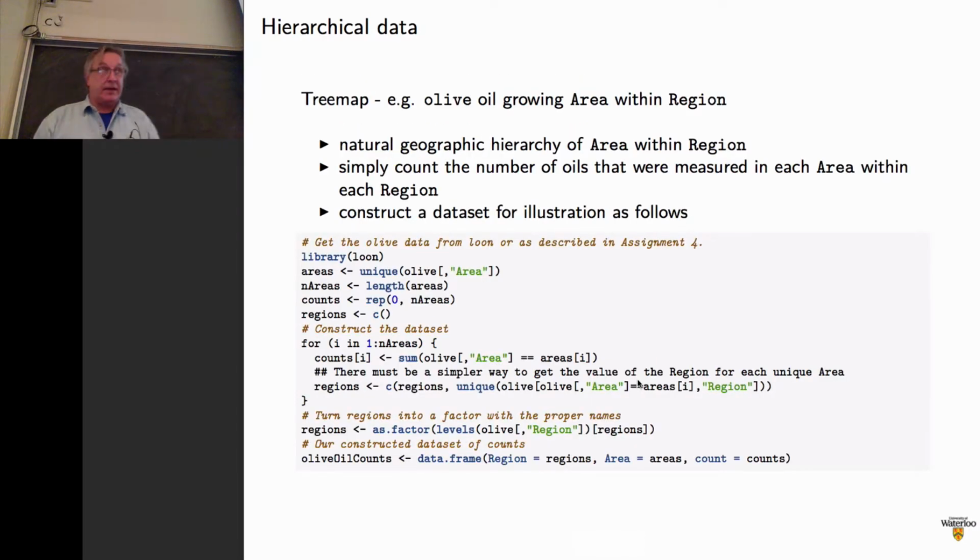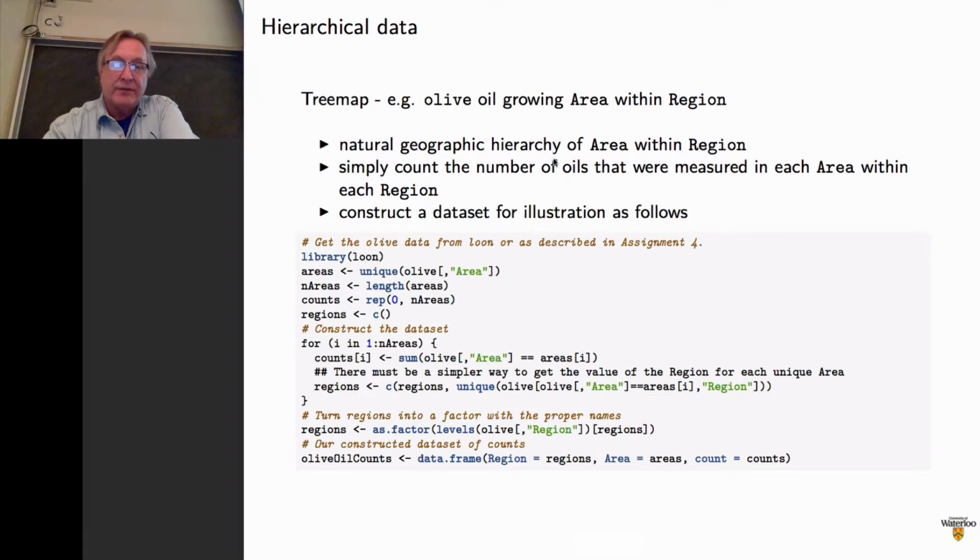All right, so let's look at that olive oil data that you've been looking at with the assignment. You know that we've got regions, north, south, and what was the other region? Sardinia, I think. And then you've got areas within those regions. In Italy, these are places where the olive oils come from that we're looking at.